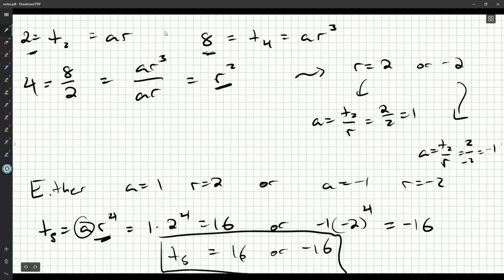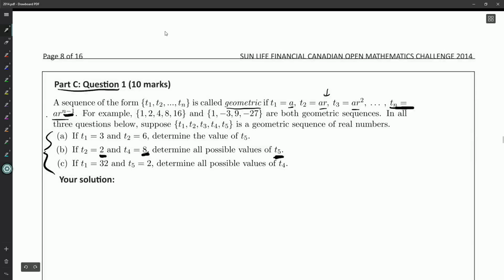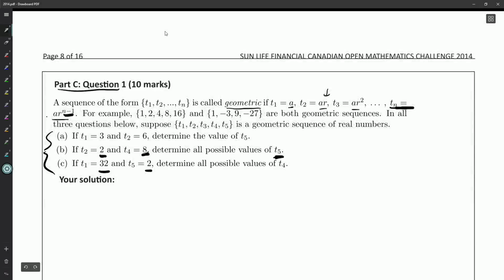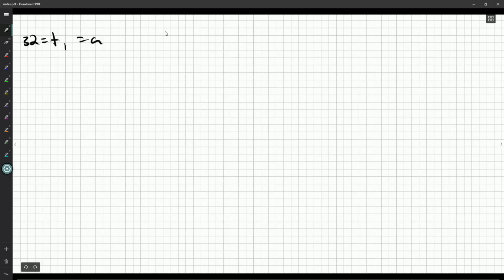Alright, so now C part, more with geometric sequences. If T1 is 32 and T5 is 2, determine all possible values of T4. Okay. So same sort of thing. T1 is 32. So that's our A. We don't have to worry about that. And T5 is just 2.